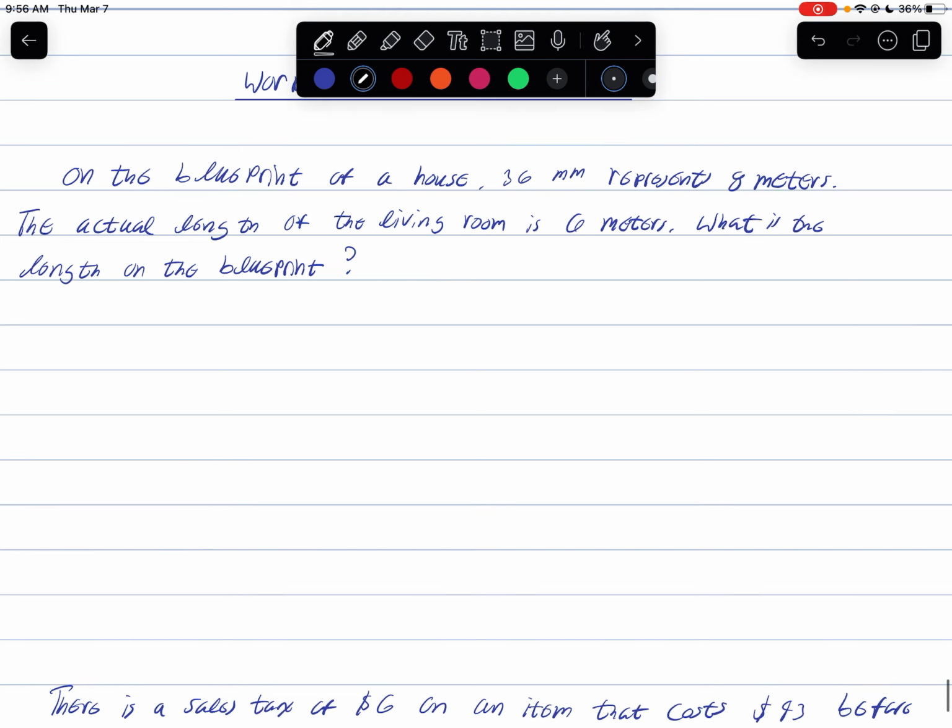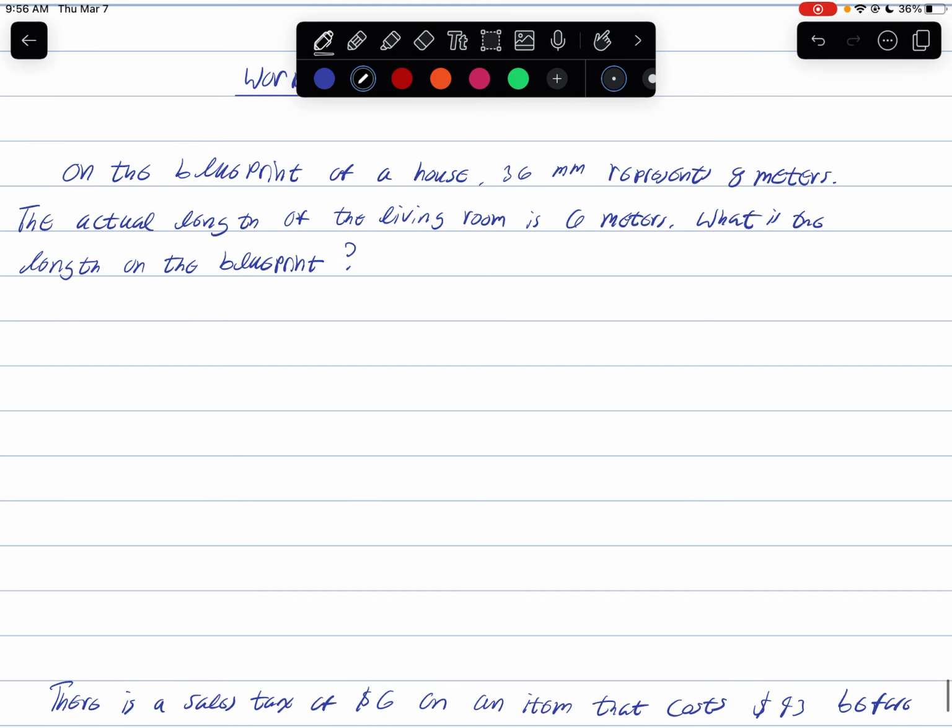So what we first want to figure out is how we could structure the ratio here. When we say a ratio, we mean a fraction. That's really what we're talking about here. So we start by looking at the ratio of the actual length over the blueprint length.